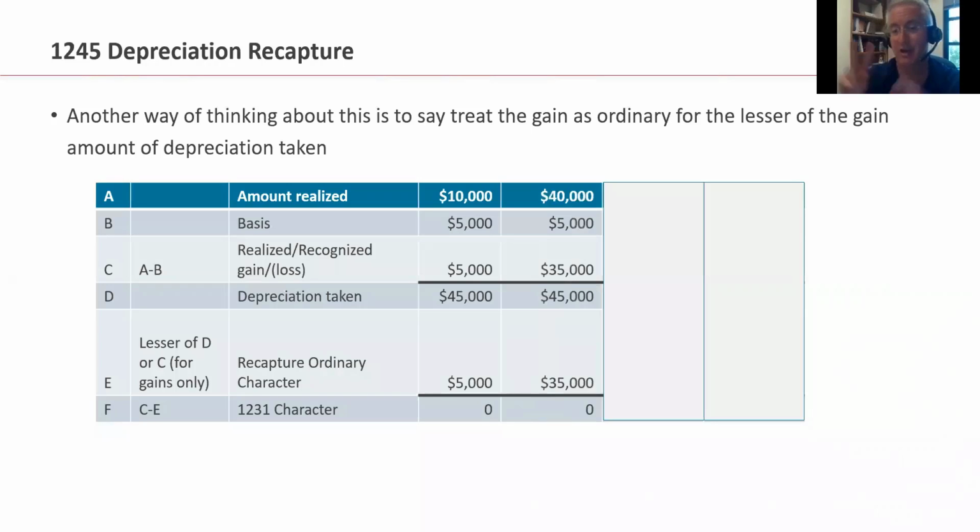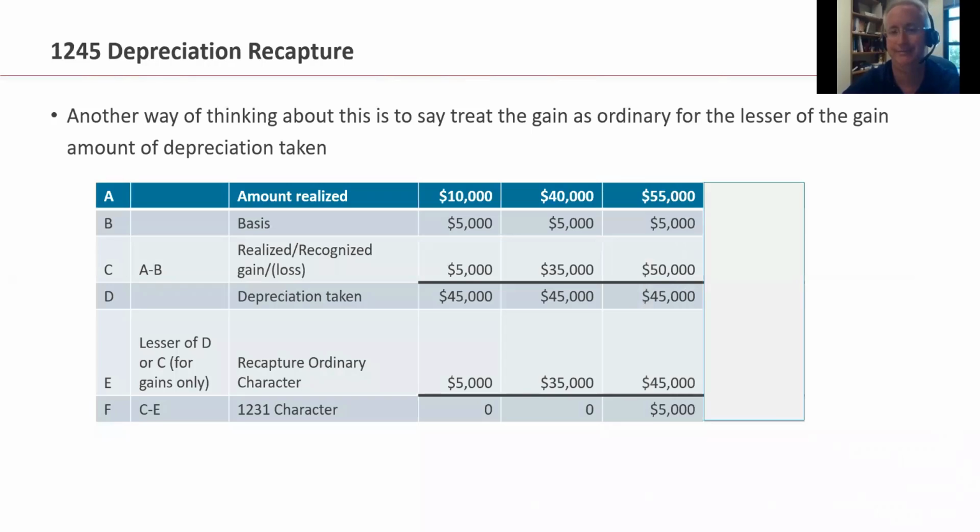As a result of that over-depreciation, she's got a giant realized and recognized gain, $35,000. So I look at the depreciation taken versus the recognized gain. I have to recapture the lesser of those two as ordinary income. That's the $35,000, leaving none for 1231.